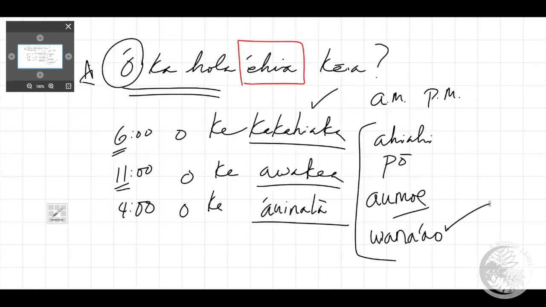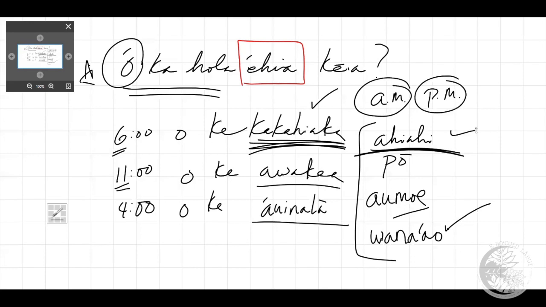Obviously, there's a difference between o ka hola eono o ke kakahiaka versus o ka hola eono o ke ahi ahi. Yeah, so in Hawaii we don't use AM and PM, but instead we use that particular time of the day, and it's always an O possession also, not E. Okay, with that, go forward, tell time.